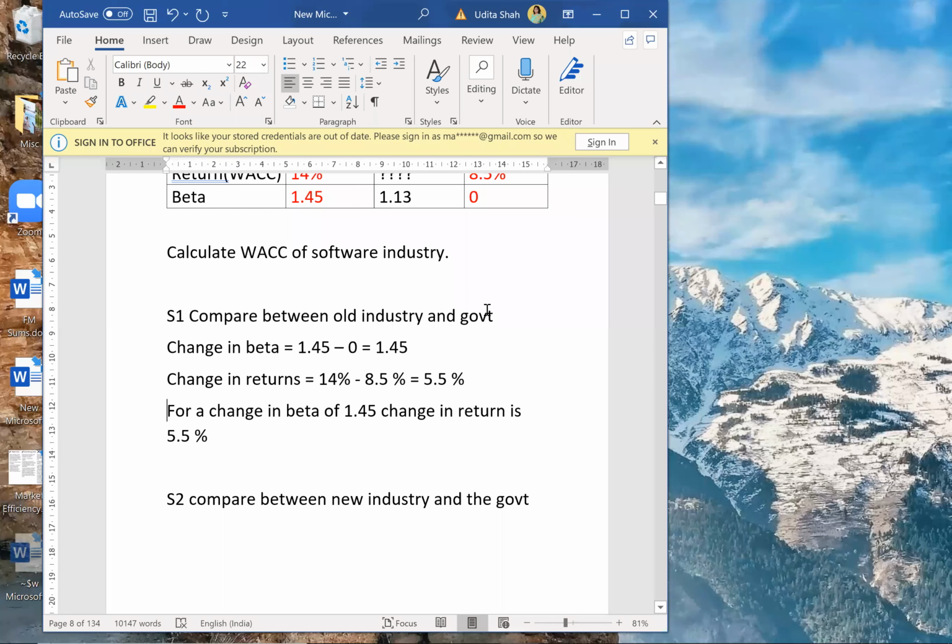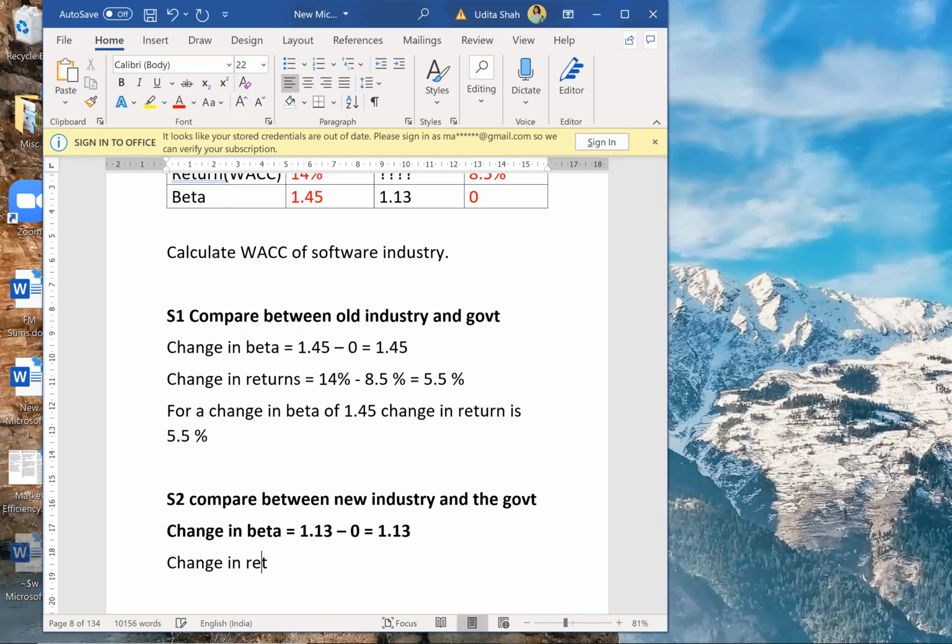Now, similarly, the same kind of comparison I'll do between new industry and government. What is the change in beta? 1.13 minus 0, that is 1.13.